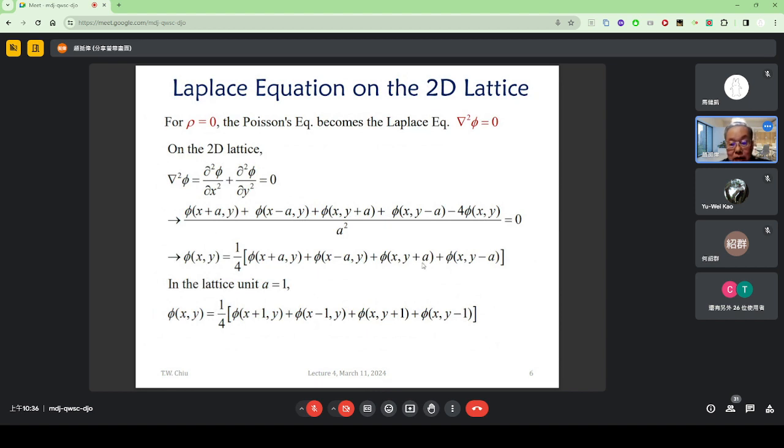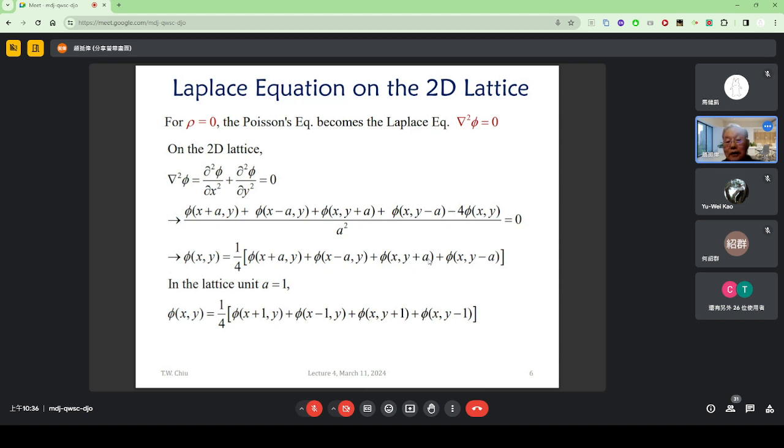Now the question is, what's the lattice spacing a? Once you put it on the lattice, you only know how many lattice sites there are. You actually do not know what the lattice spacing is. So that means in terms of lattice units, you can just set the lattice unit to 1.